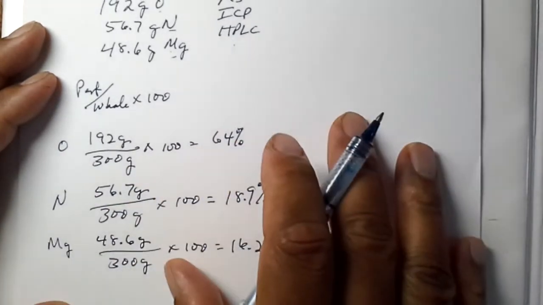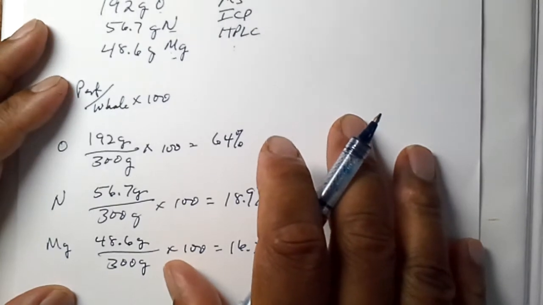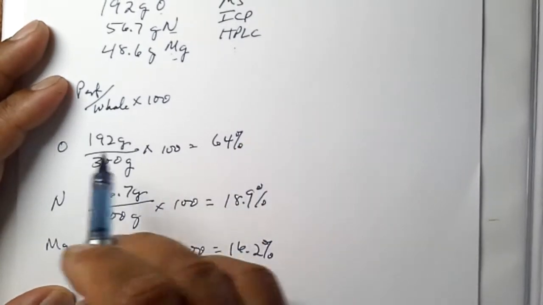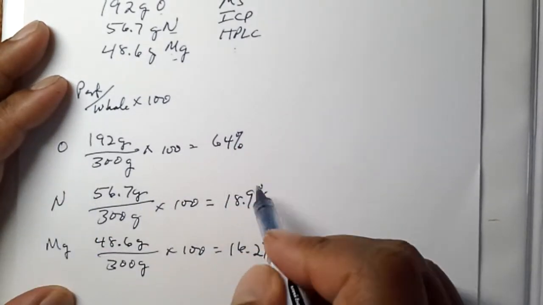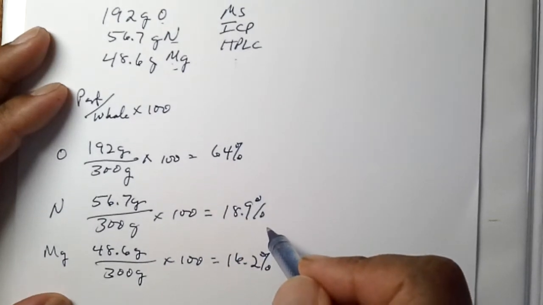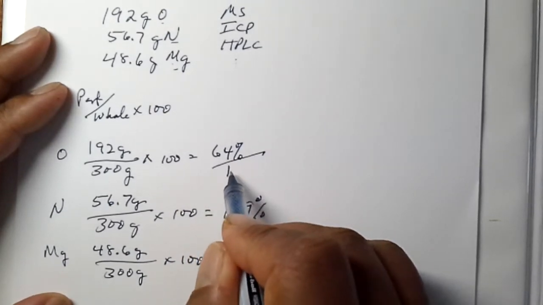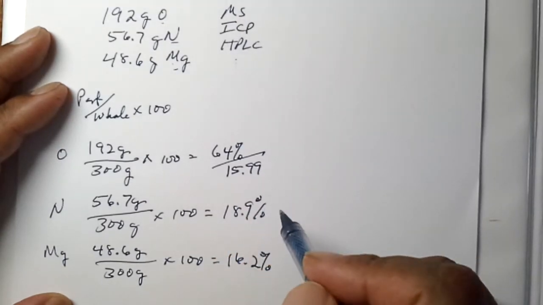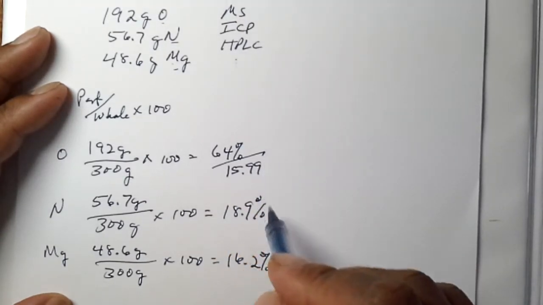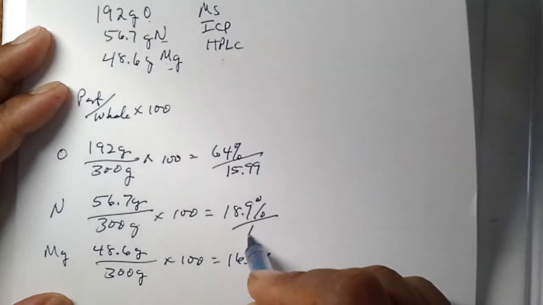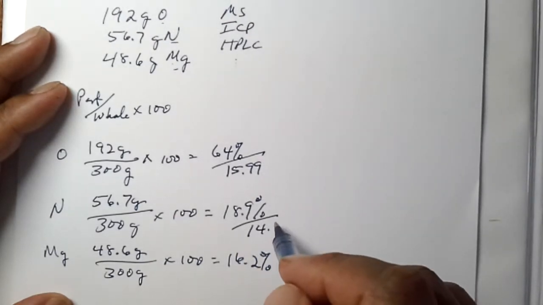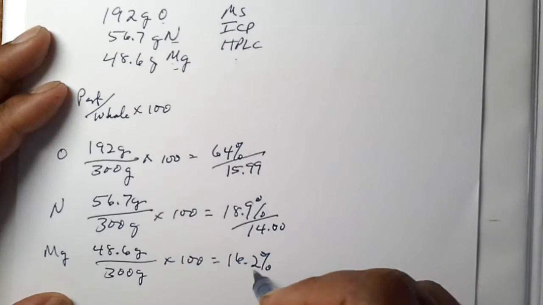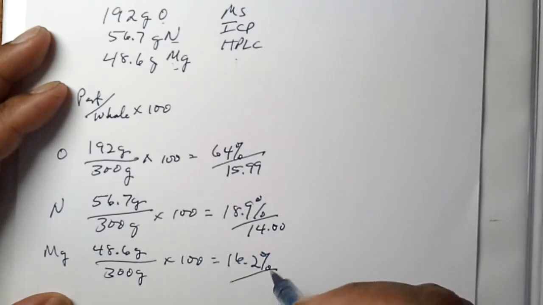Alright, so once we've done these calculations, someone discovered what the atomic mass units for each of these elements are. We know oxygen is 15.99 atomic mass units or grams per mole. Nitrogen is 14.00, and what is it for magnesium?